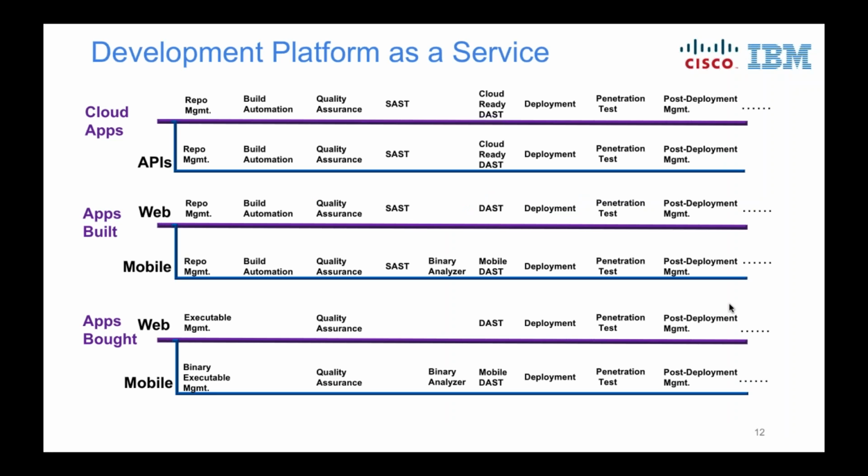This is a bit of an eyeball chart, but it is probably the most useful slide in my deck, in my opinion, because it really shows you what a DevOps pipeline looks like. At Cisco, we are evolving from a single pipe where we push all our applications through every single tool in the pipeline, to a more intelligent DevOps pipeline, where the application profile defines which tools and technology we need to hit as we progress through our software development lifecycle.